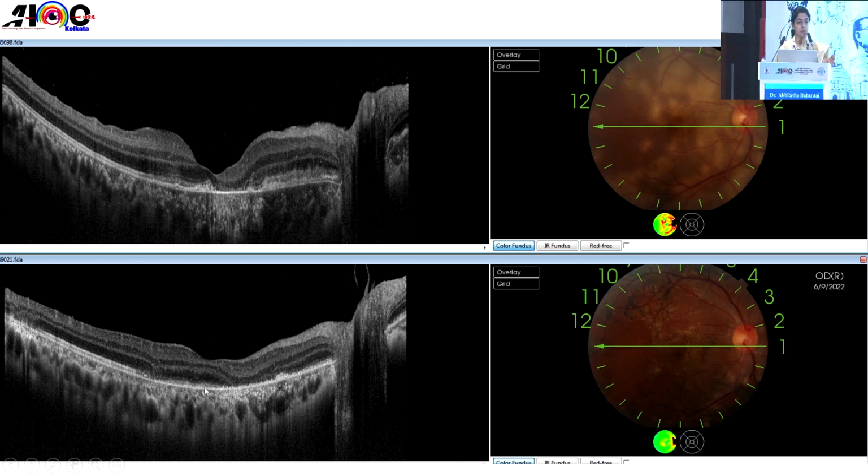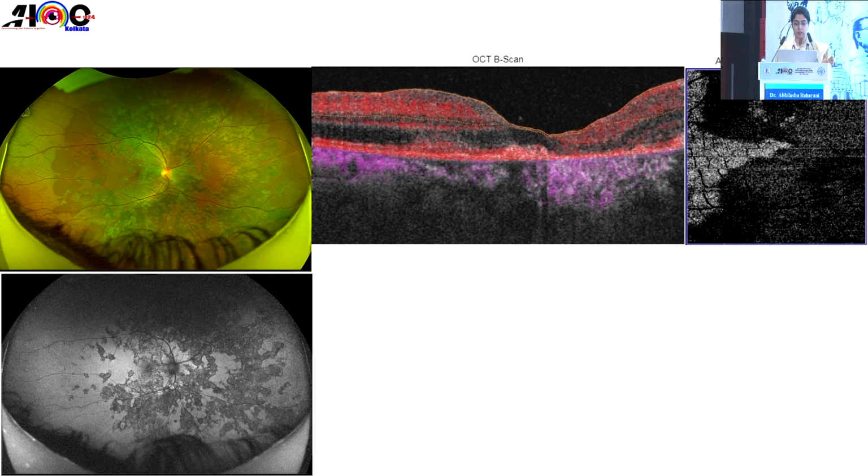With treatment, there is regeneration of the outer retinal layers. This disease, unlike APMPPE, should be treated aggressively with systemic immunosuppression. There are high chances of recurrences. Again, here the healing is with a lot of pigmentation, and on the OCTA there is reperfusion with treatment.